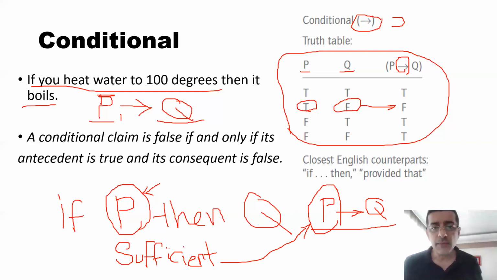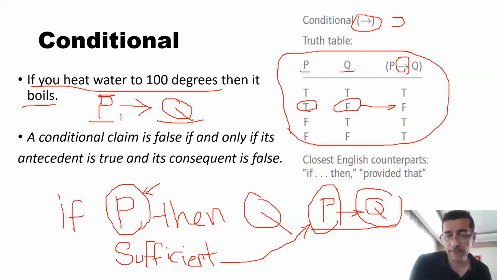Okay. Now, but what about necessary conditions? Necessary conditions are stated as the consequent. So this would be then the consequent. If I say the presence of oxygen is a necessary condition for combustion, this tells us that we can't have combustion without oxygen.